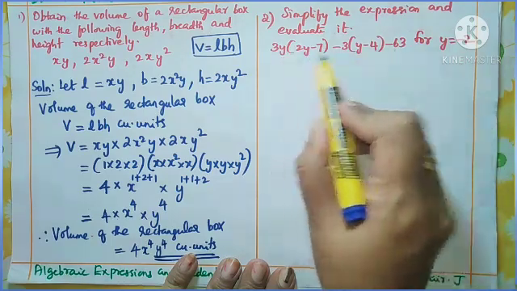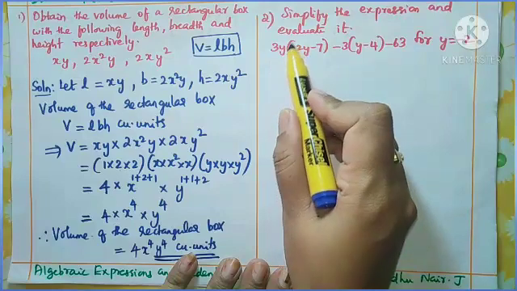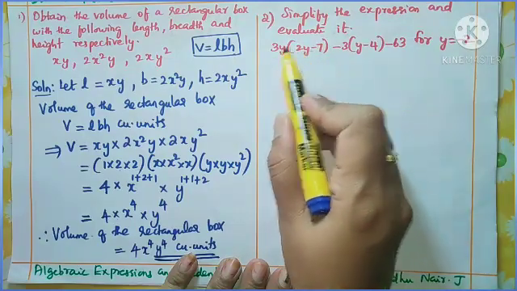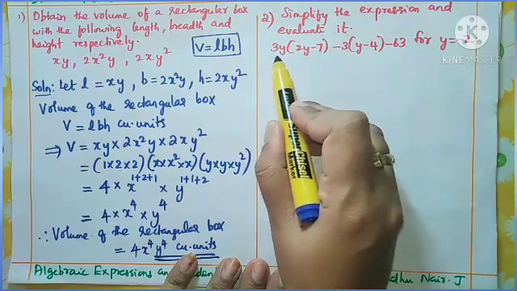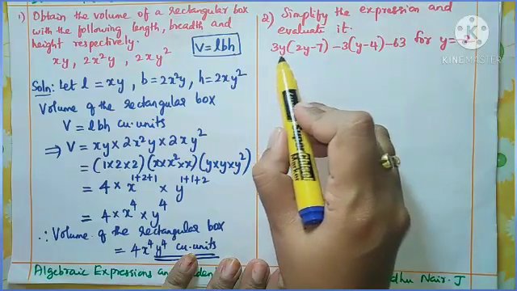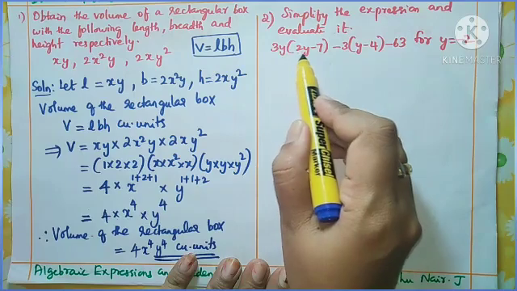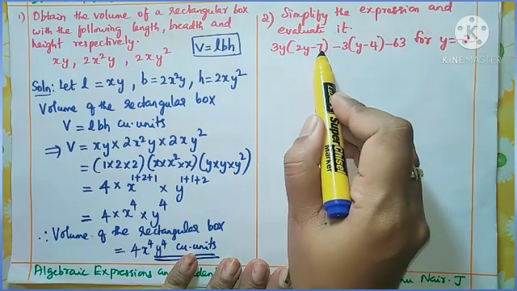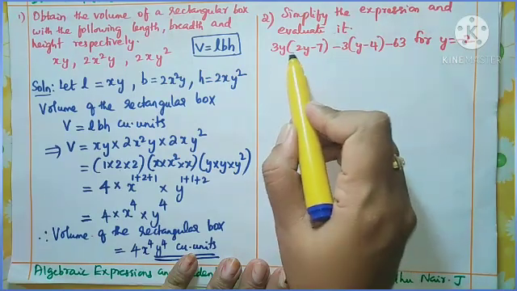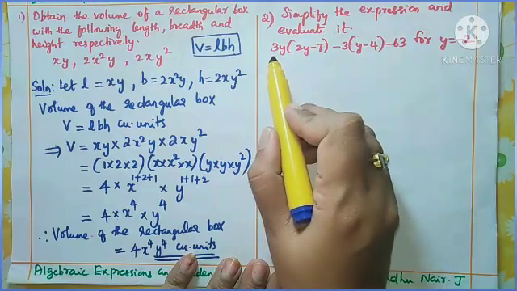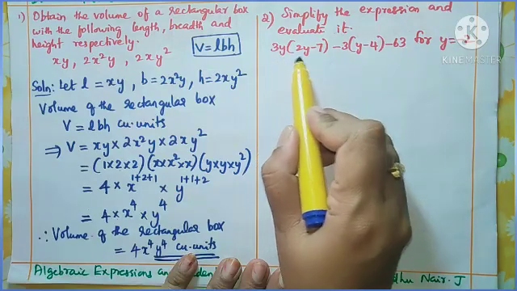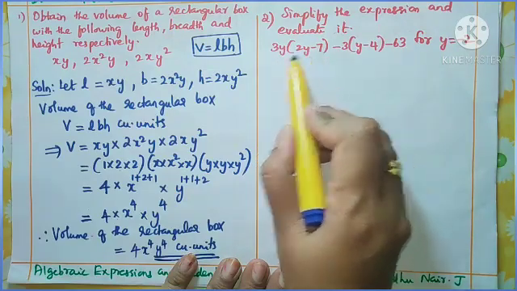In this expression, if a bracket is there and outside the bracket one term is there, here 3y, what is the meaning of that? This 3y is a common term to this 2y and minus 7. So when you remove this bracket, this 3y should be multiplied by both the terms inside the bracket.